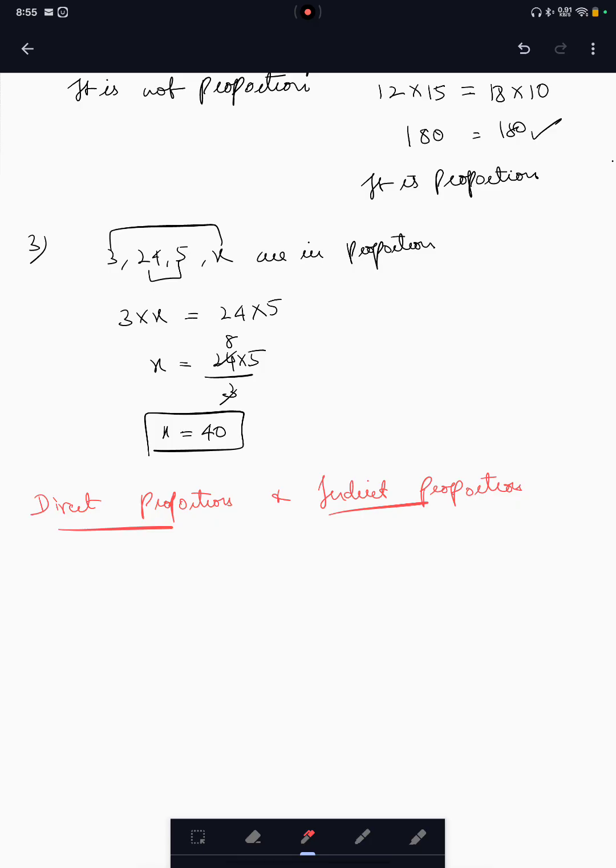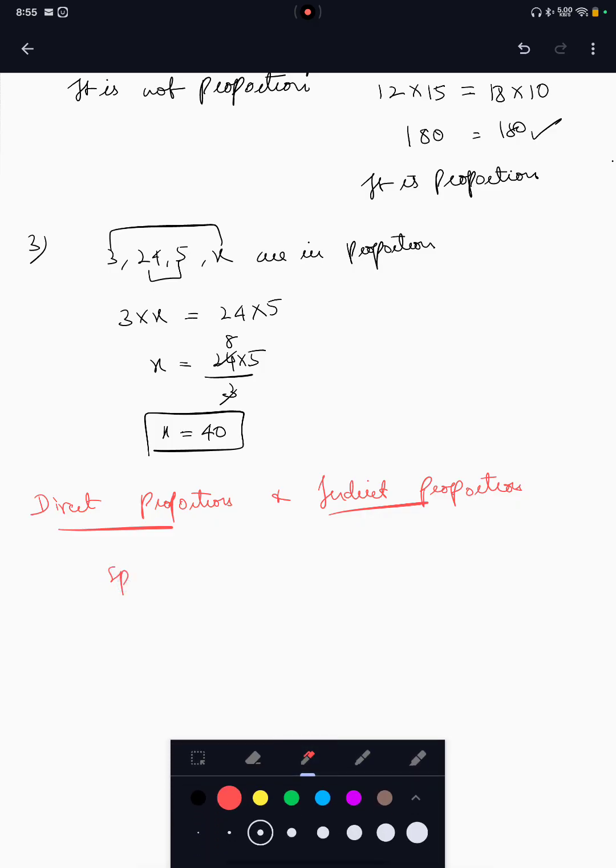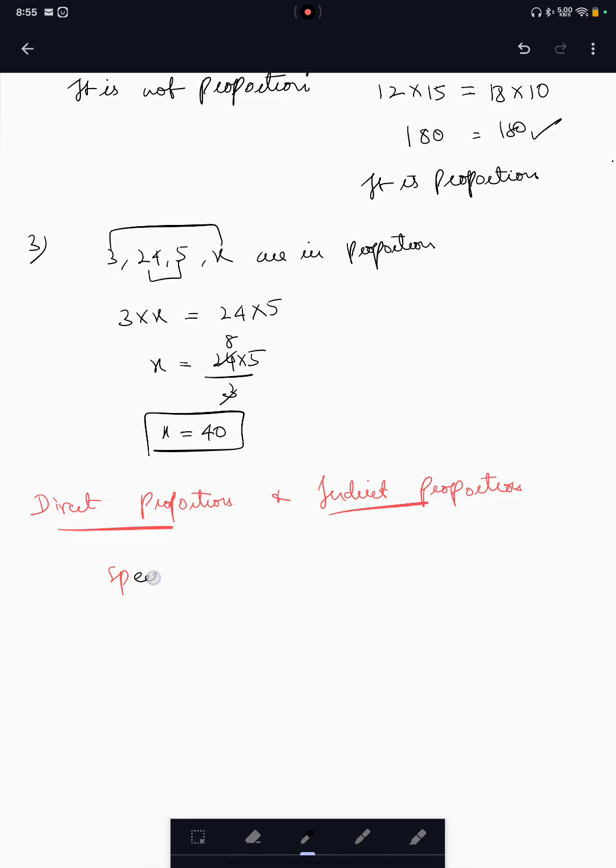If one quantity increases and the other quantity also increases, it is a direct proportion, guys. I'll tell you one small example. The speed of the car will be 10 km per hour.